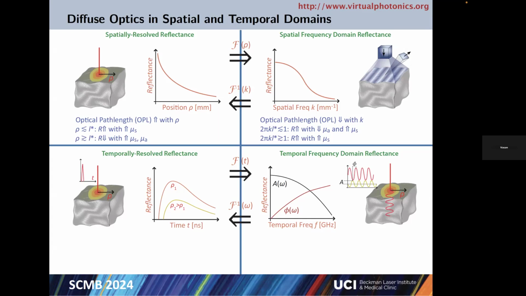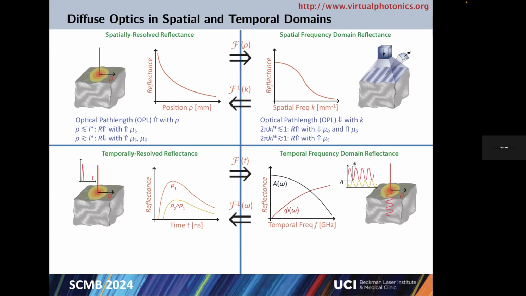So in the spatial frequency domain, in a very crude way, spatial frequency is a reciprocal of position. It's a little more complicated than that because the Fourier transform gives you contributions over the entire domain. But essentially, you can think crudely that small spatial frequencies are analogous to making measurements at large source detector separations, and high spatial frequencies are analogous to making measurements at short source detector separations.